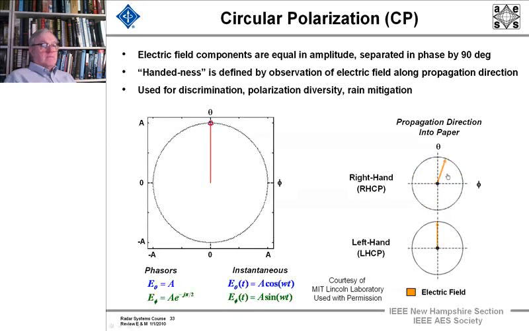And if, with the propagation directed into the paper, the electric field is moving counterclockwise, it's left-handed circular polarization. And these are the form of the instantaneous electric waves and the phasors for each.